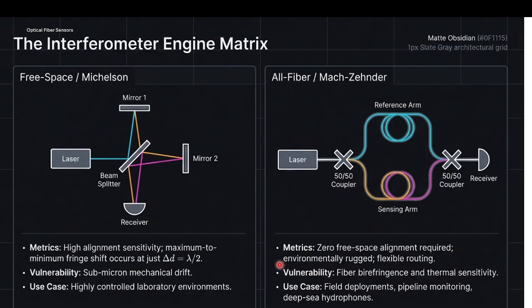The metric for this is zero free space alignment required, environmentally rugged and flexible routing. Vulnerabilities: fiber birefringence and thermal sensitivity. Use cases: field deployment, pipeline monitoring, deep sea hydrophones. Okay, so these are the uses of this.